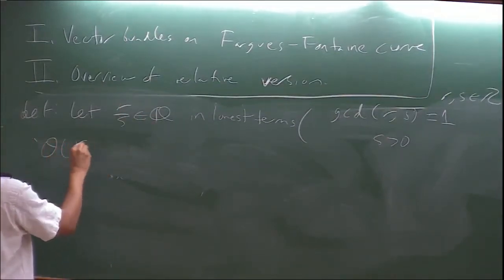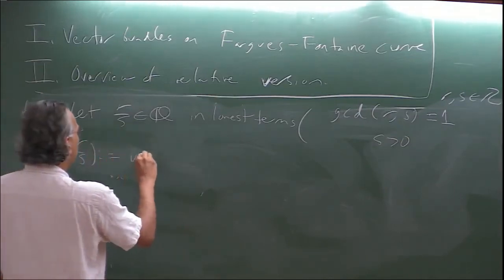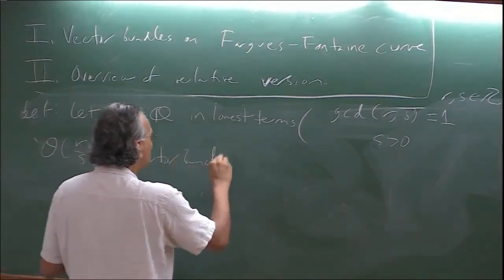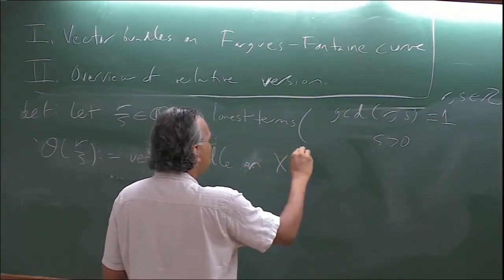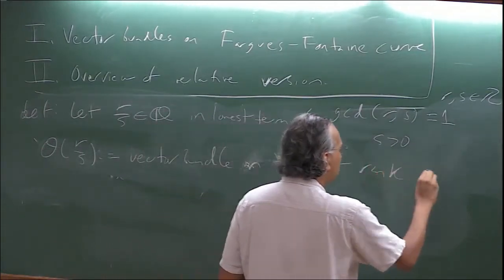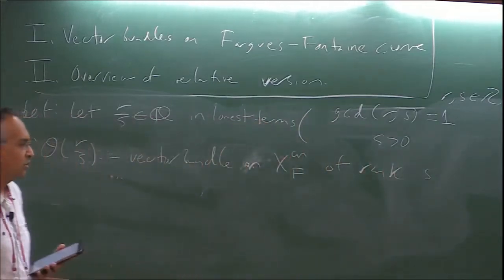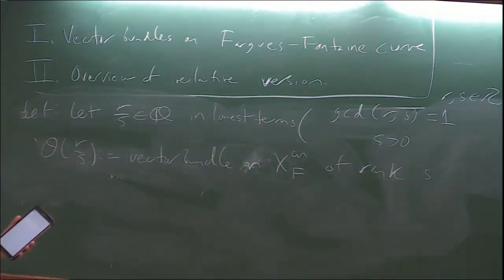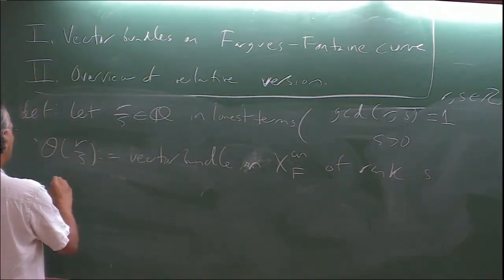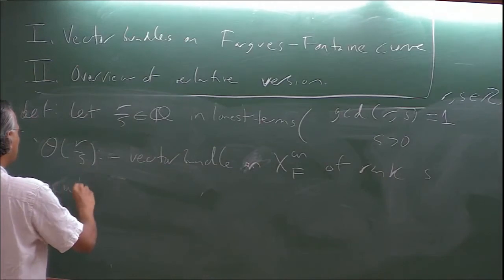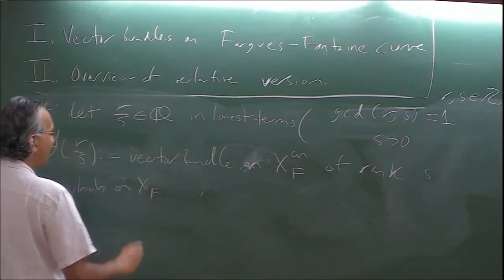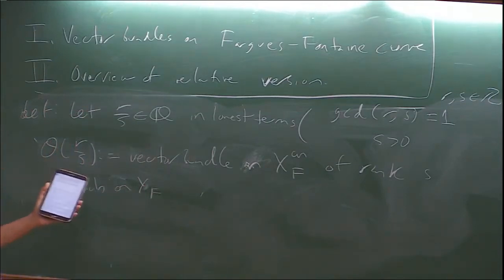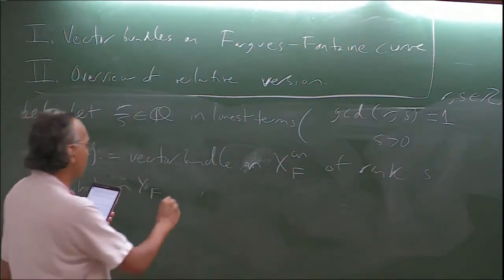So O of R over S is by definition the vector bundle, first I'm going to define it on the analytic side. It's going to have rank S, a positive integer, so that makes sense. If I pull it back to Y_F, just like O of n, this is going to be trivial.